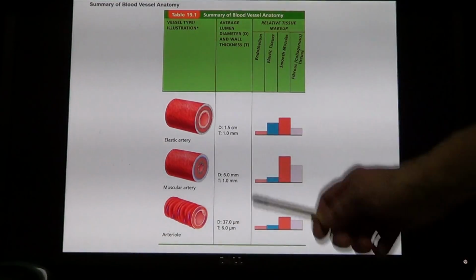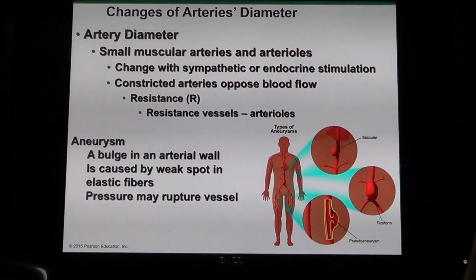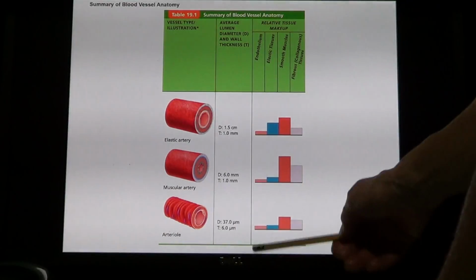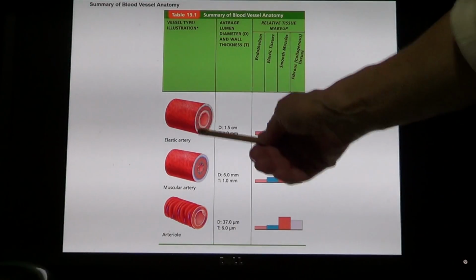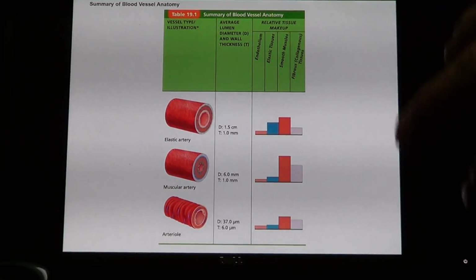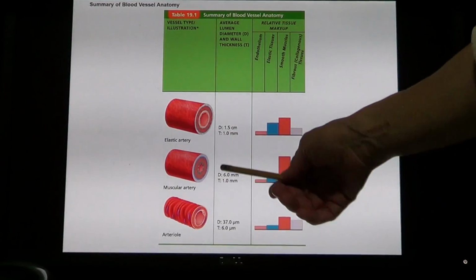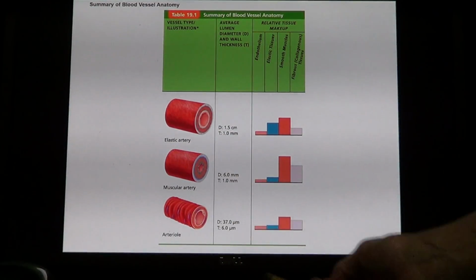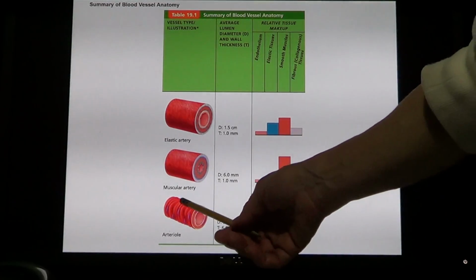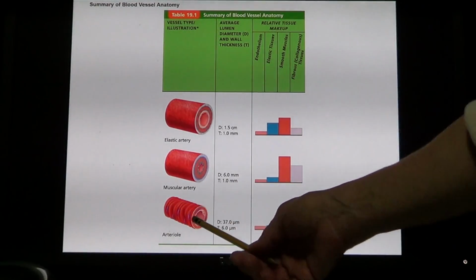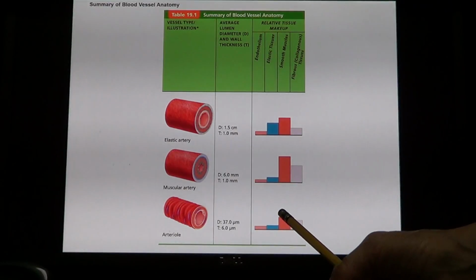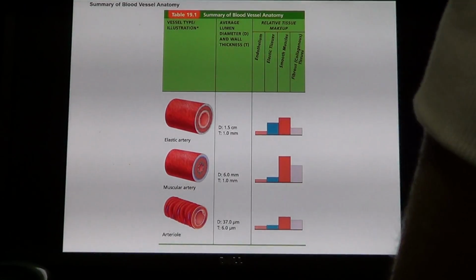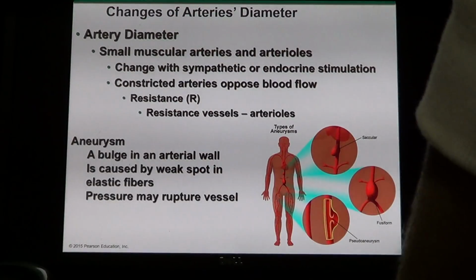This is the size of the muscles in the different sizes and types of arteries. In the elastic artery, everything is there, muscles and elastic fibers. In the muscular artery, it is mostly muscle in the tunica media, and arterioles don't have adventitia, have a very thin muscle layer and a very thin endothelial layer of tunica interna.